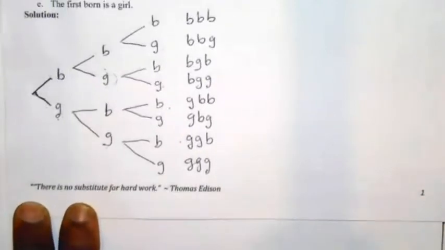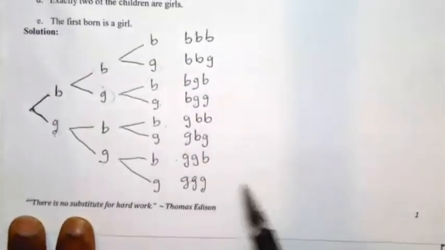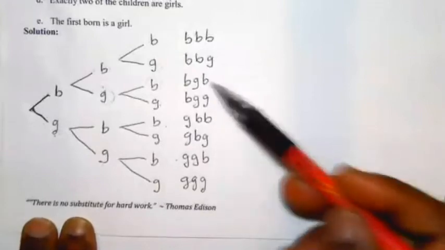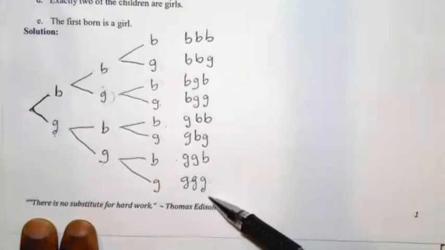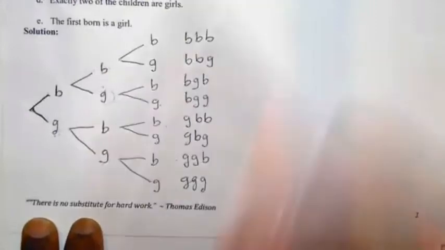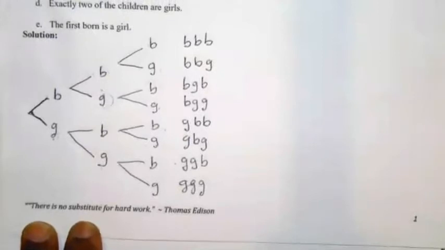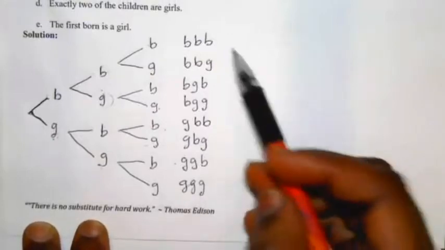Right. Using the tree diagram, we can systematically come up with all the possible outcomes. It will be difficult to do this without the tree diagram. The listing method will be difficult to use, because you're likely to miss one of the outcomes. Great. So these are all the possibilities.